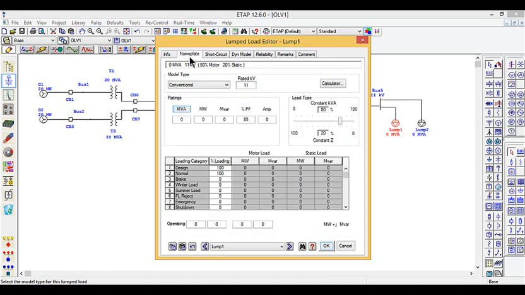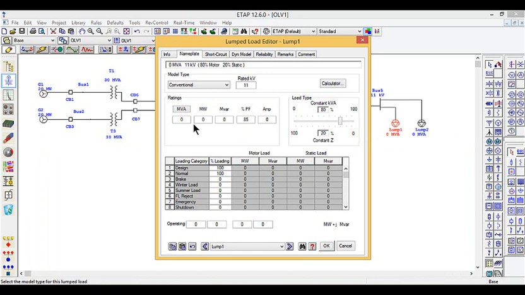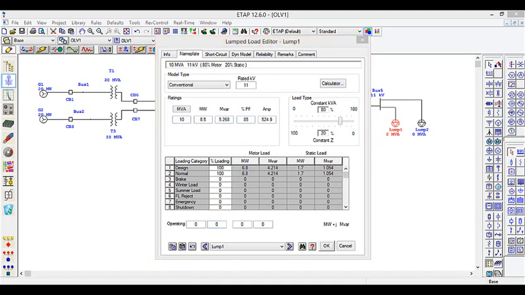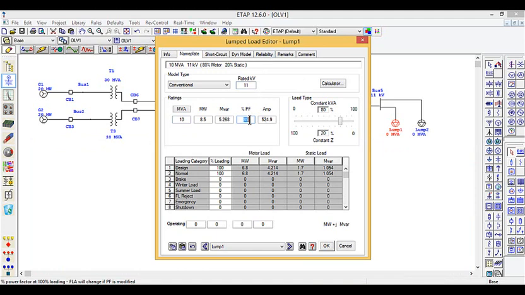We have selected three-phase loads, and then we go on to the nameplate rating and select 11 kV, 10 MVA. Power factor is 0.8, that means 80%.